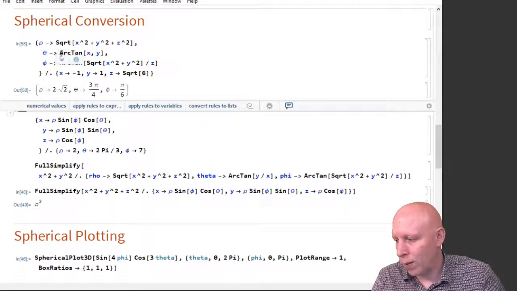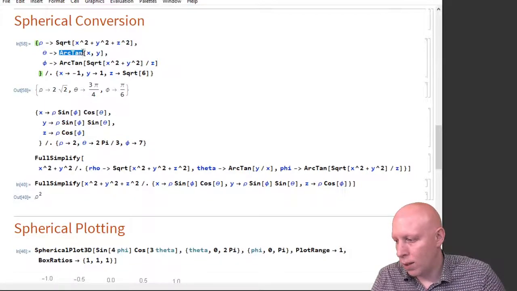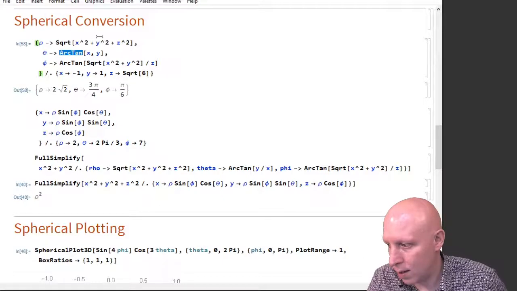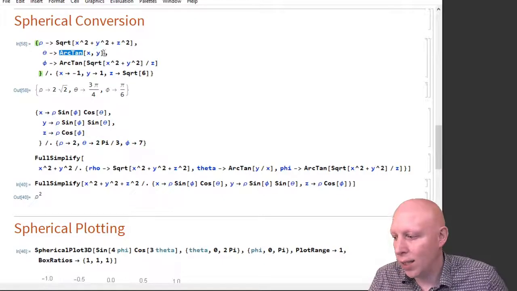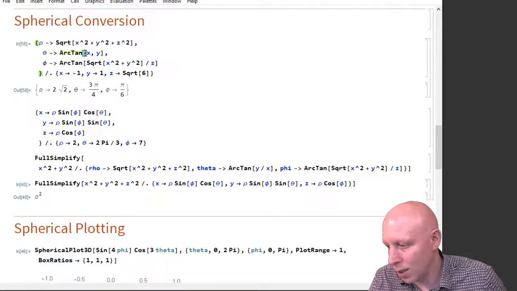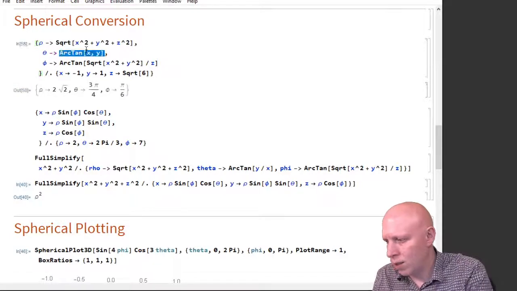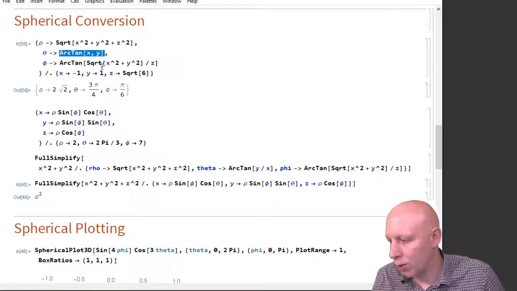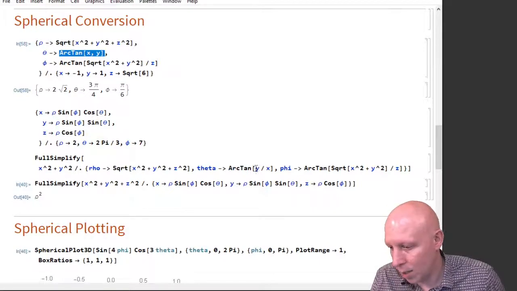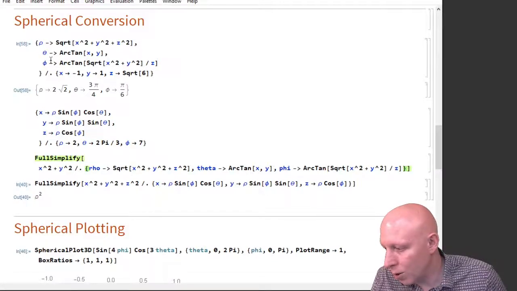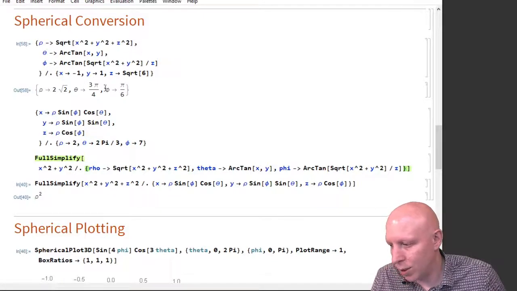Right, so there are two different versions of arctan in Mathematica, and in this case we can use this other version, which gives you the signed version of the arctangent. Let me update that down here too. So rho, theta, and phi give you the correct rho, theta, and phi now.